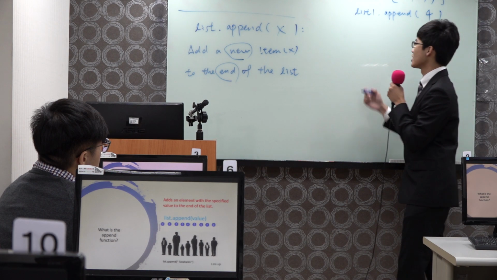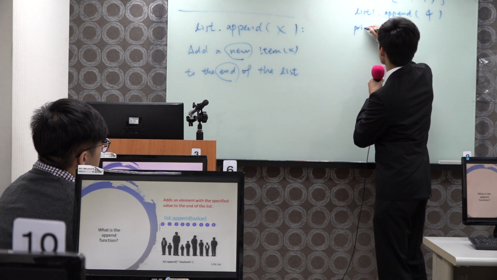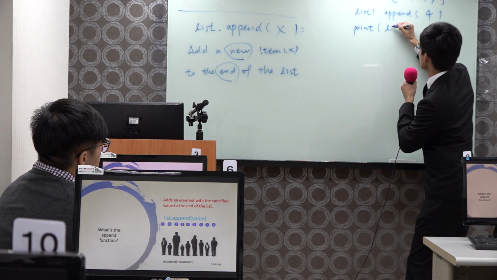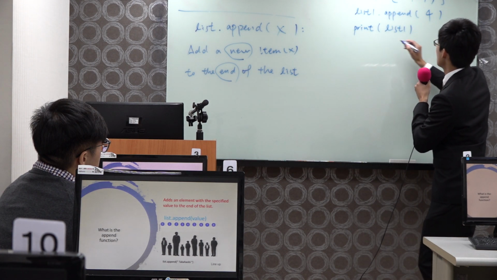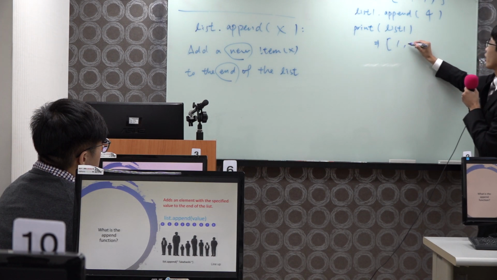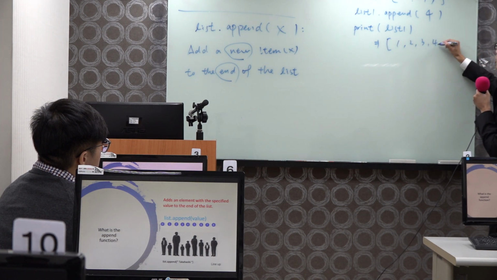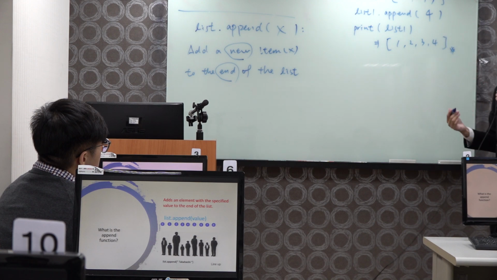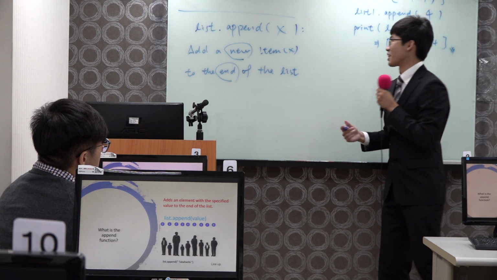Now I print list1. Then we can get a new list, square brackets 1, 2, 3, 4. Alright? Practice again.